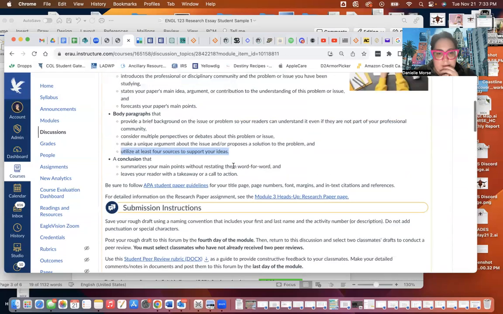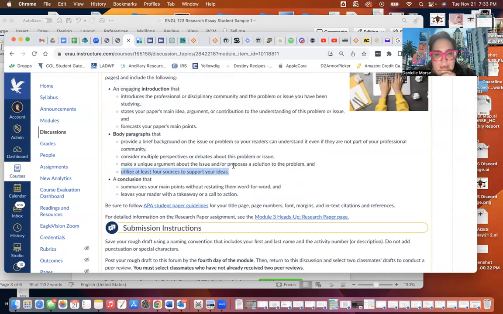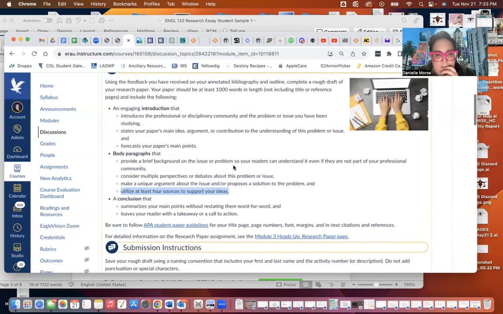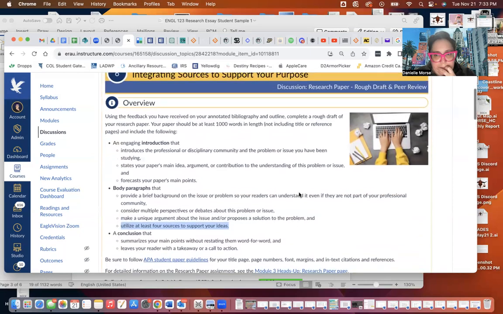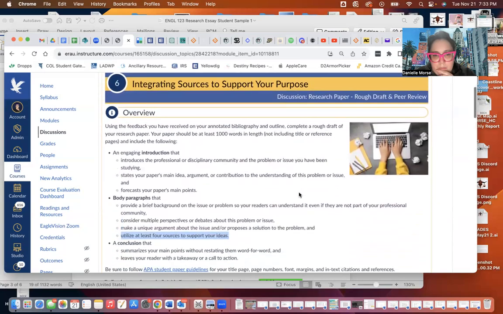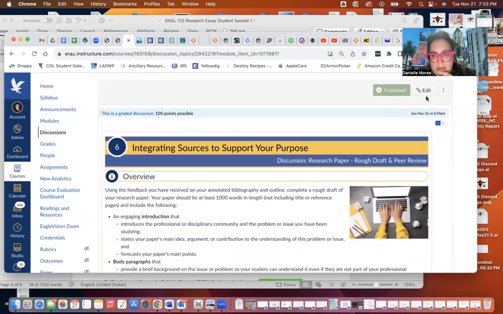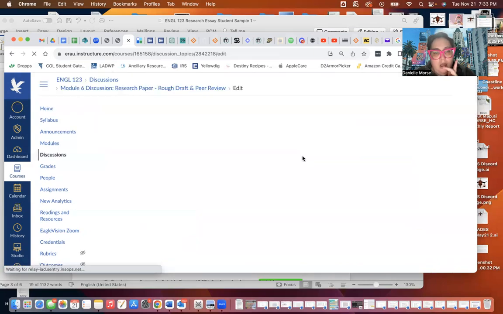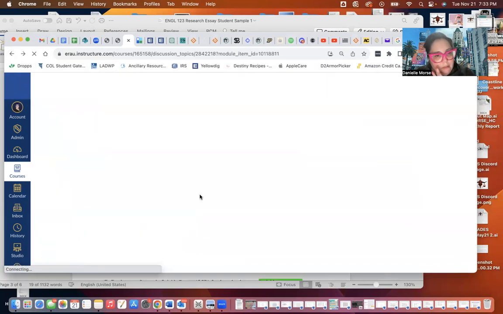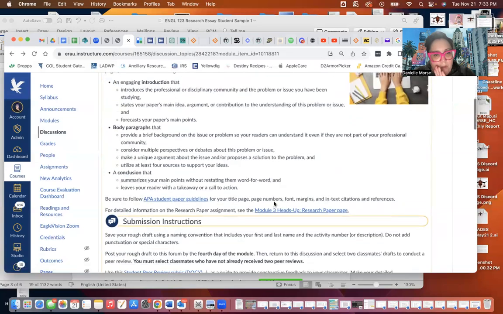This is a potential mistake because it doesn't match the rubric. I'm just going to make a, nope, this is the rough draft. Sorry. Because what I'm thinking of here is it says use 4 sources in your rough draft, but in the final version, you have to have 5 sources.